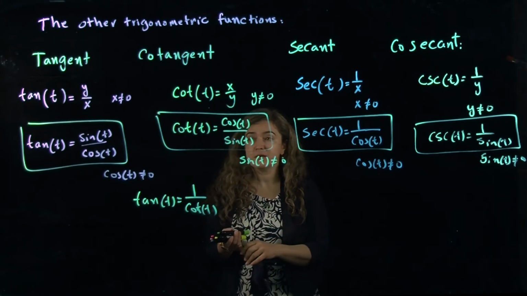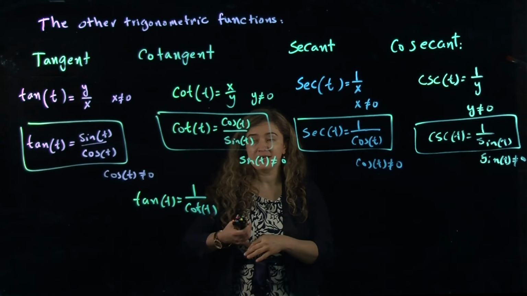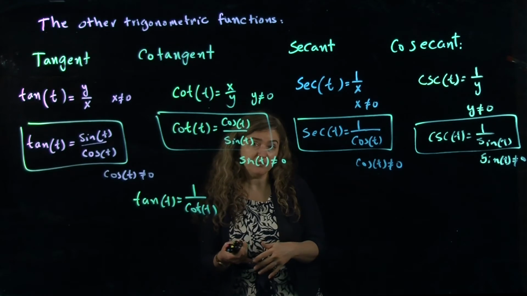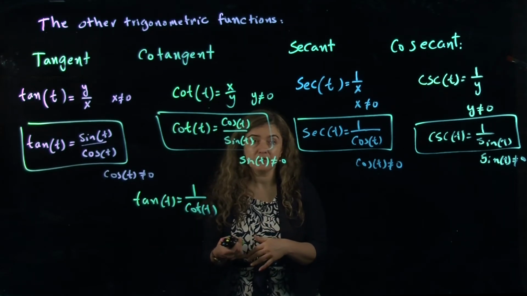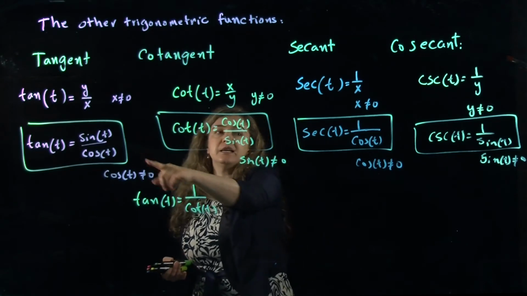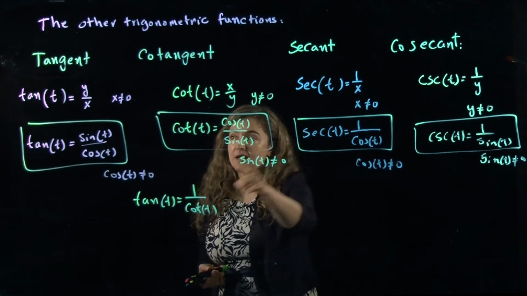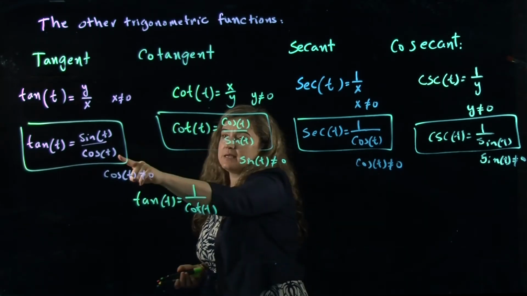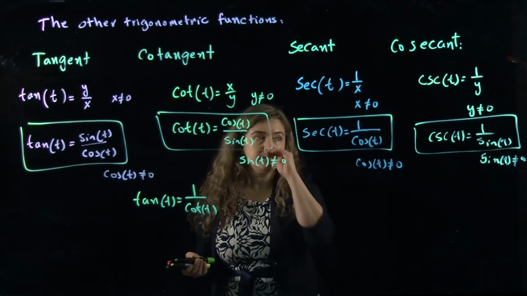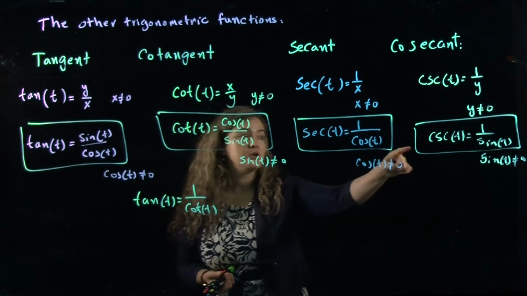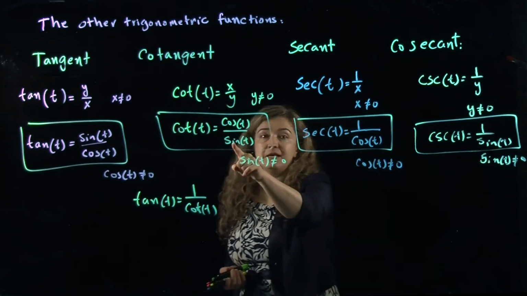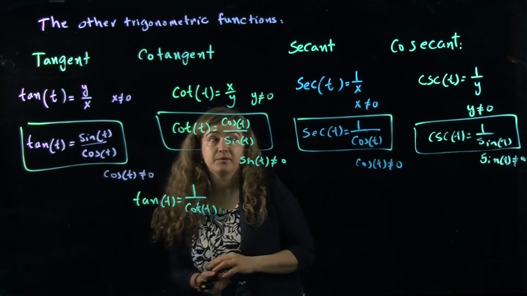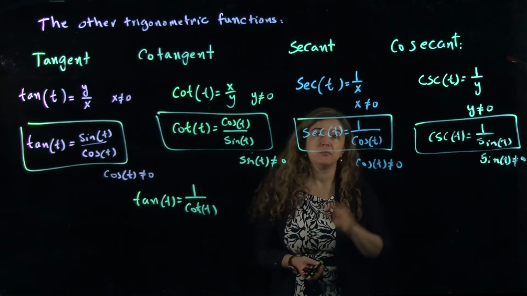I remember tangent: tangent is sine of the angle divided by cosine of the angle. Then I remember that secant is in the same boat as tangent, and therefore the denominator of secant should be the same as the denominator of tangent. And then the cofunctions, cotangent and cosecant, have to have the same denominator, and cotangent is the cofunction of tangent, so it's the reciprocal of that one. And that's how I memorize all of them.